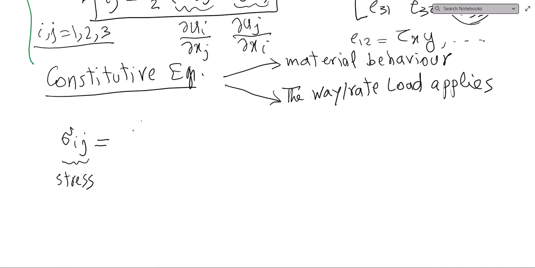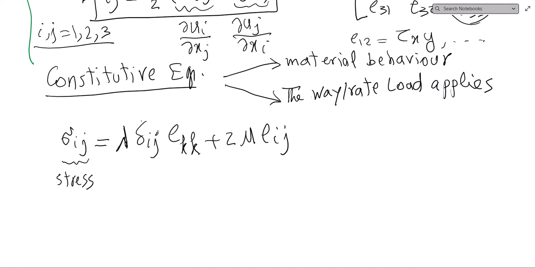It is given by this relationship that has a lambda delta ij Ekk, where these are indices, plus 2 mu Eij.